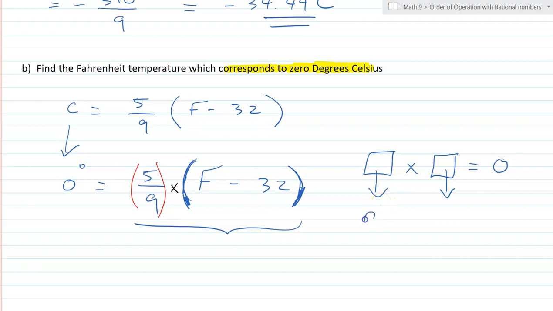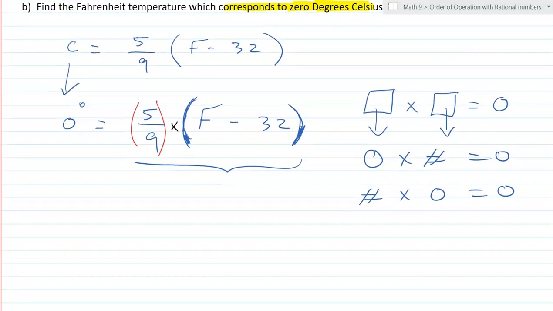So this could be 0 times any number, which will give you 0, or the other way around. It could be the regular number, the first one, times 0, and that will also get you 0. But we know that our first number is 5/9, so that's not 0. So we must have F minus 32 equal to 0.